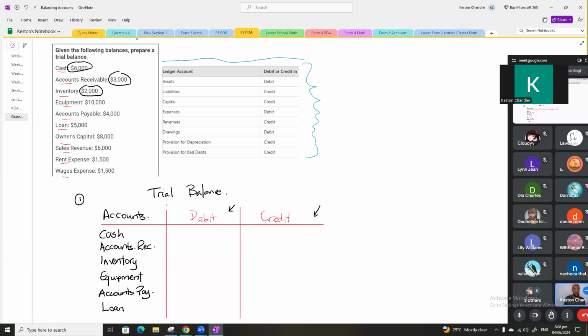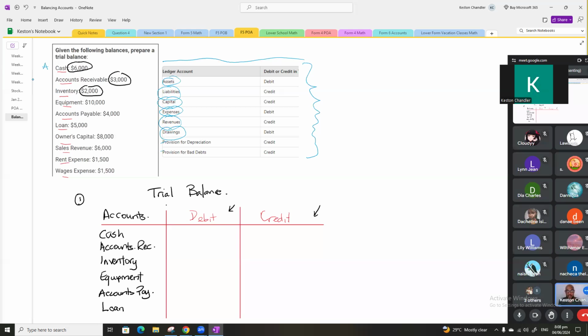Now, assets are things that we own. So let's just go through, and we're going to put them in one of these categories. It's either an asset, a liability, a capital, an expense, a revenue, a drawing, a provision. So cash is an asset. So I just put A next to it.